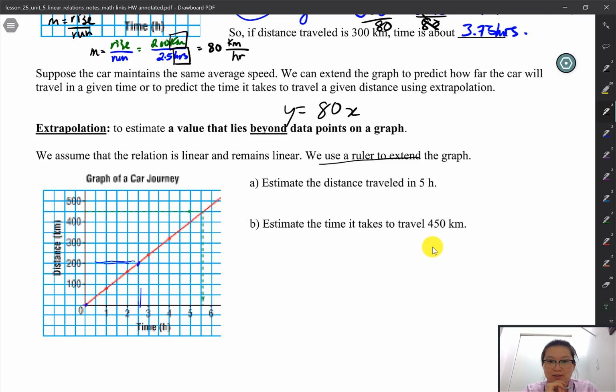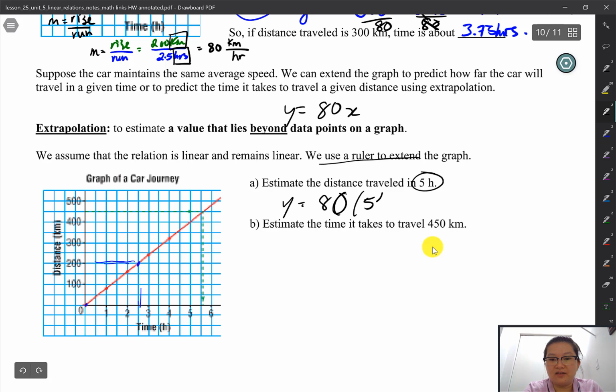Estimate the distance traveled in 5 hours. I use my equation, y equals 80x. I plug in 5 hours for my x value, so y is equal to 80 times 5 hours. That's going to give me 400 kilometers. Bam.